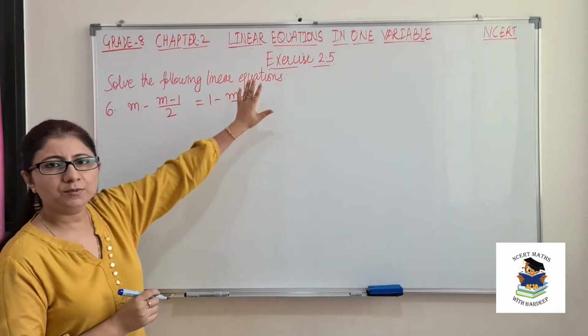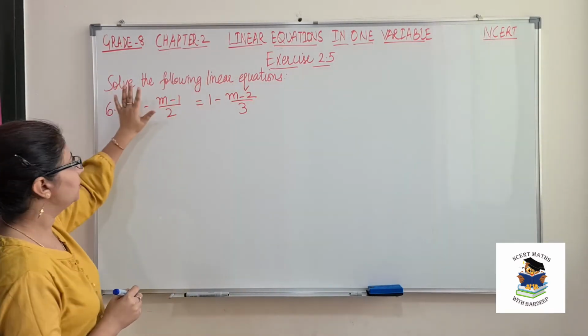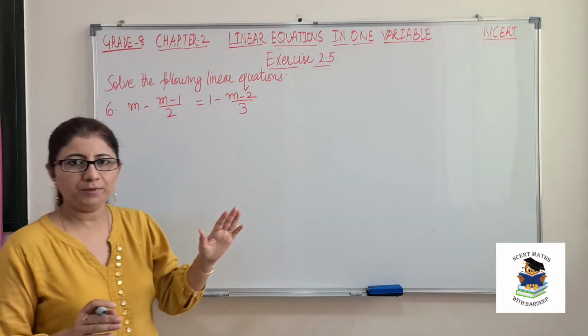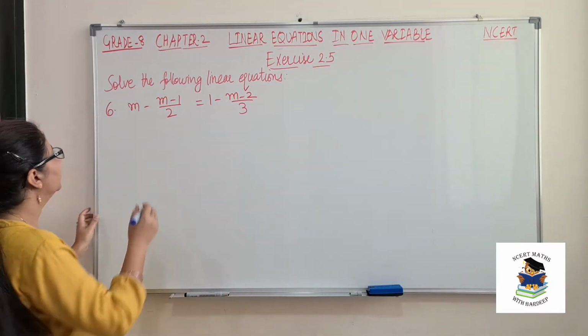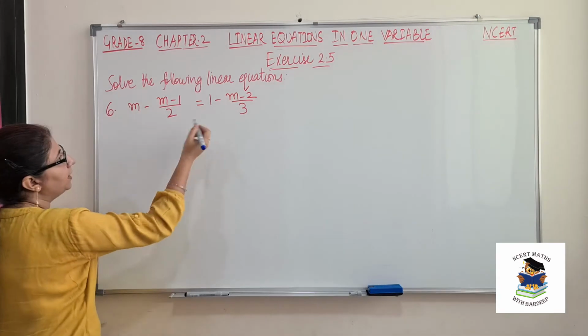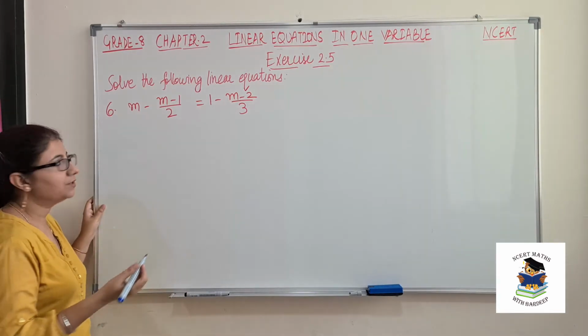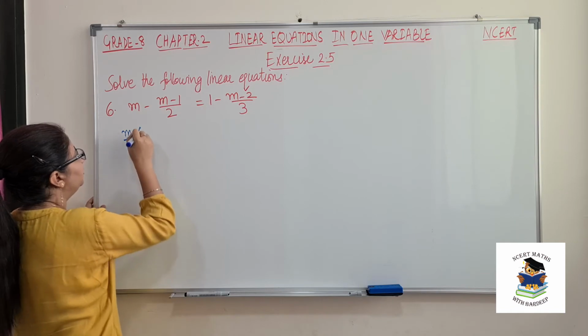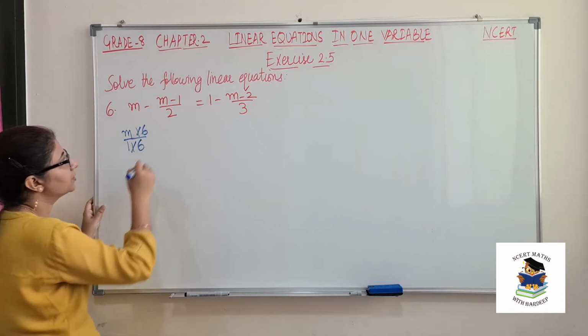So these two terms have denominators and these don't. So first we will take the LCM and make the denominator the same for each term. We will take the LCM for 2 and 3, which is 6. So we will write m over 1 multiplied by 6.